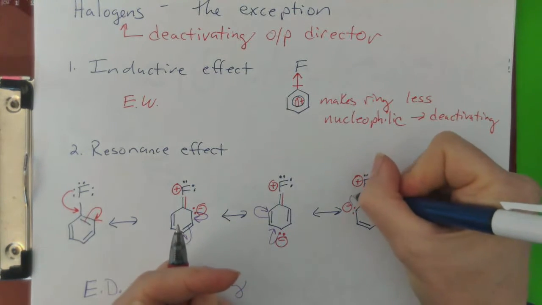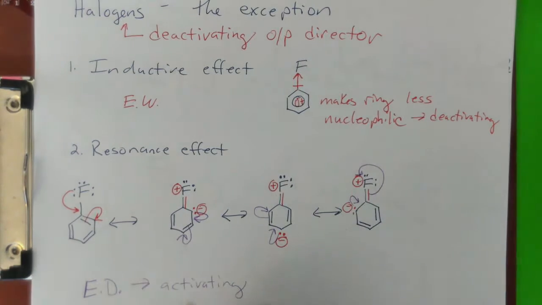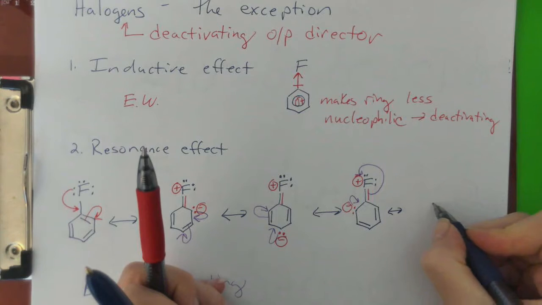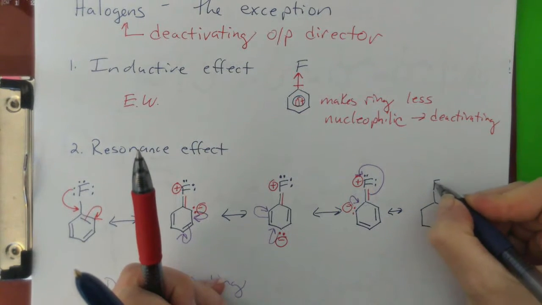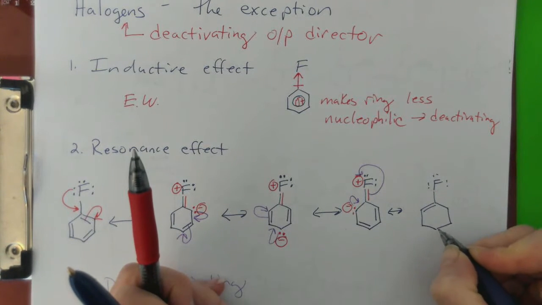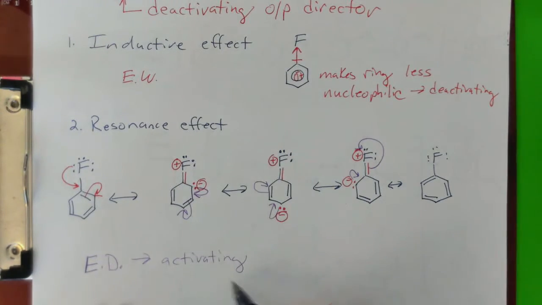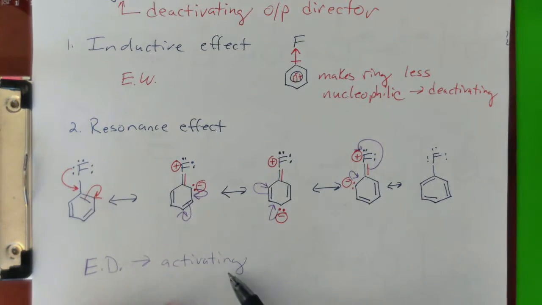Let's see if I bump these here, bump this back up on top of here. So now I have a single bond, no charge on the fluorine, and no charge in the ring. Okay, so from a resonance effect standpoint, the halogens are electron donating, which means activating.